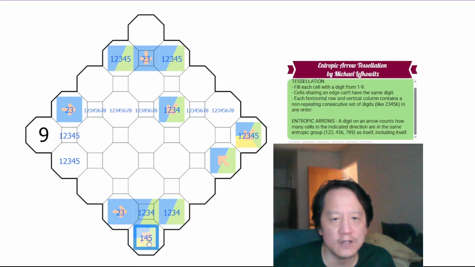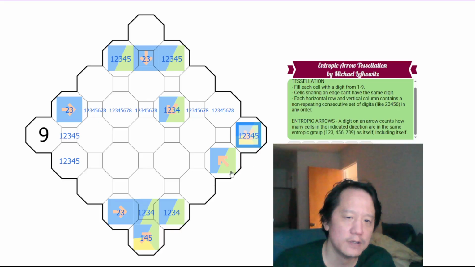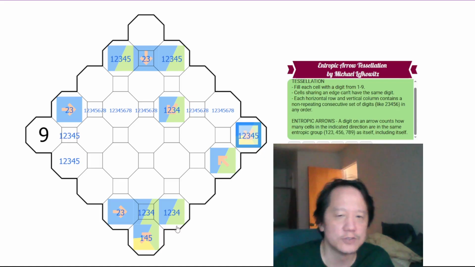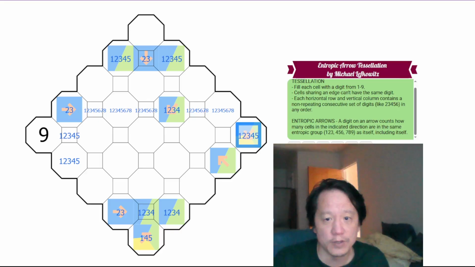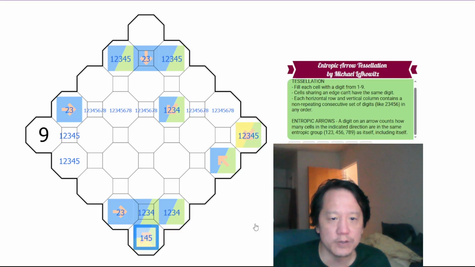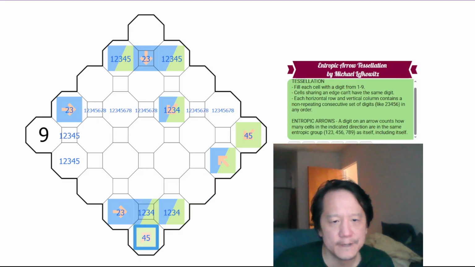So if it's low, it's 1, which would be the same one as that one, because these have to be pointing at the same amount. So this cannot be 1 this way. So they must both be green. So this is 4, 5, and this is the same digit, right?